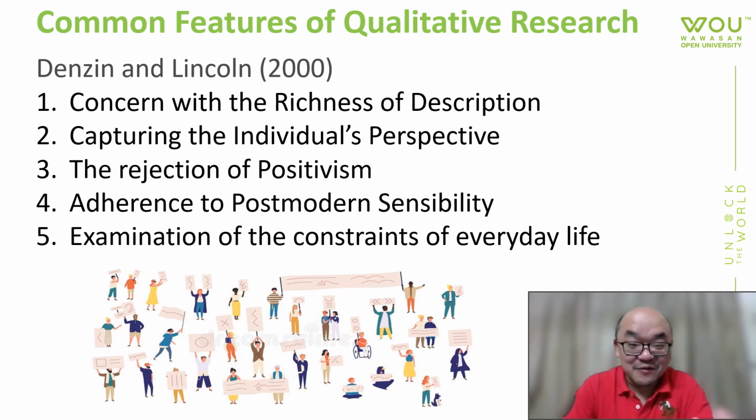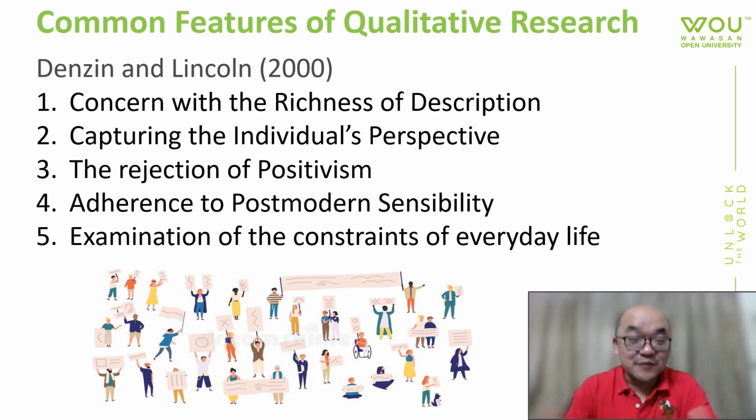That is the constraint of everyday life, because actual daily life is messy. There are a lot of things to take into account. It's not simply 1 or 2 hours in the lab where everything is under control, everything is clinical, everything is standardized. So is there actually any application or meaning in findings obtained through the lab or not? That is the idea.